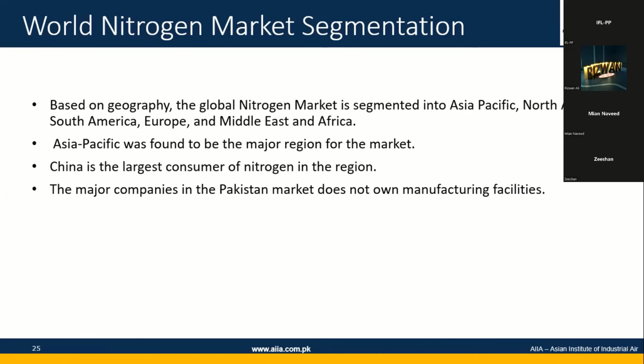And in the Asia Pacific market, China is the largest consumer of nitrogen in our region. Unfortunately, the major companies in Pakistan do not have the manufacturing facility at the moment where they can produce their own on-site nitrogen and start getting benefits out of it.